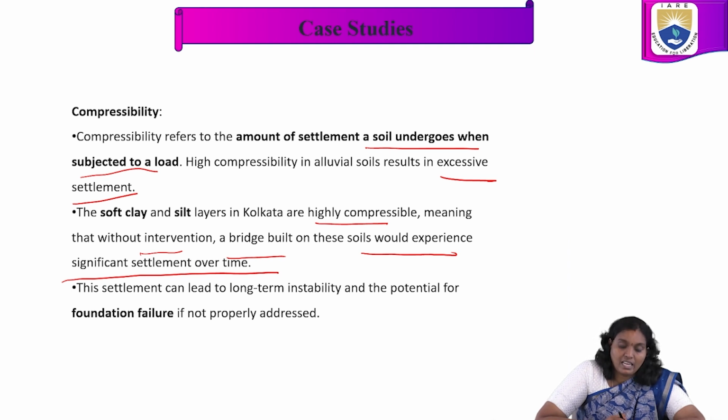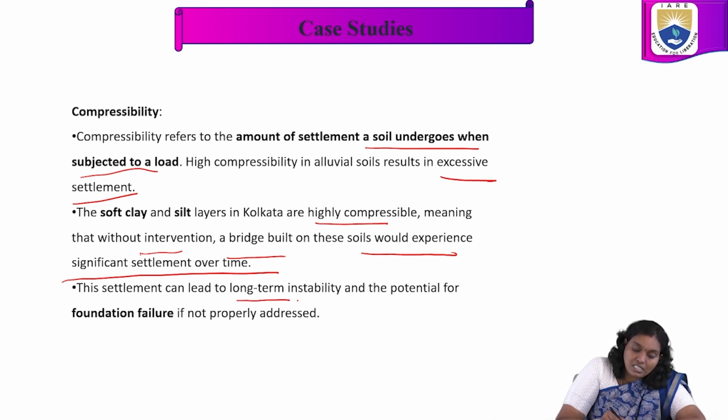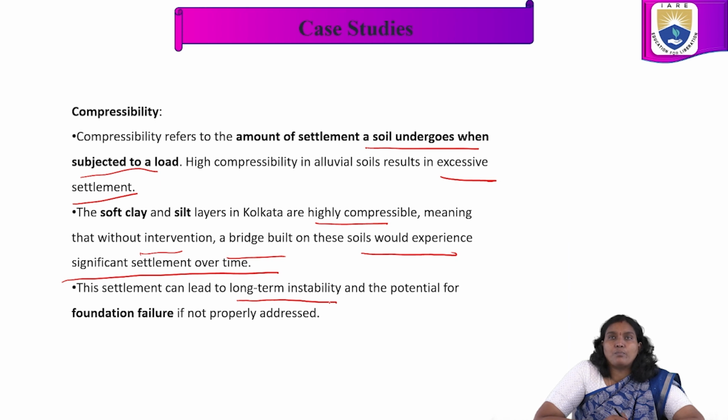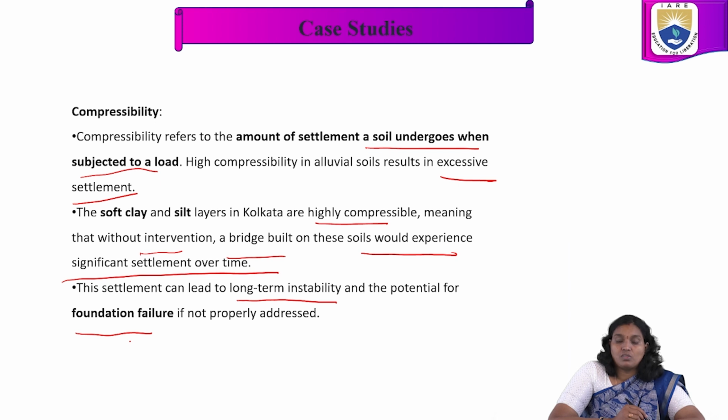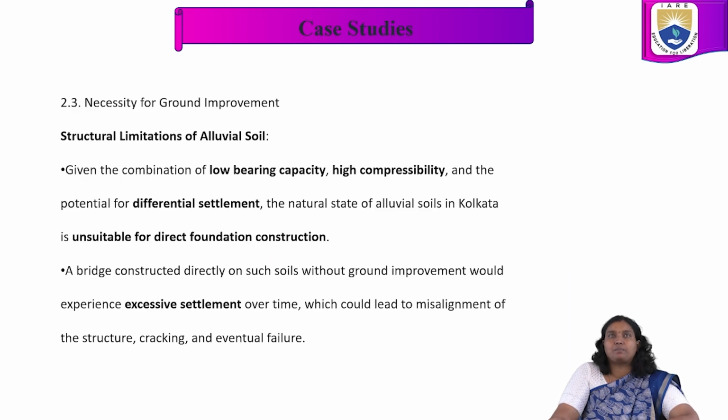This settlement can lead to long-term instability and the potential for foundation failure if not properly addressed. Without ground improvement techniques, we are going to face foundation failures and settlements, and we understand the amount of settlement through compressibility.